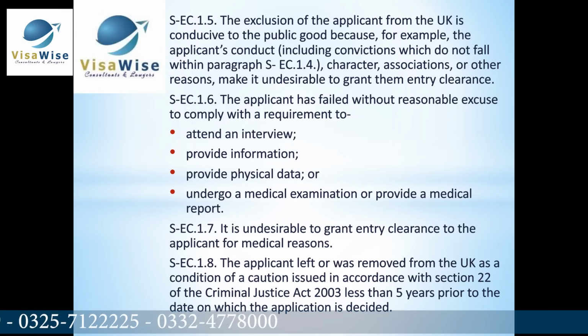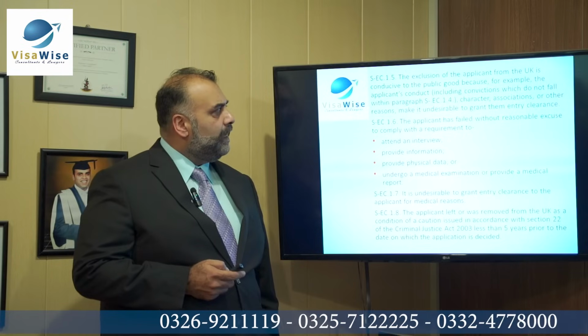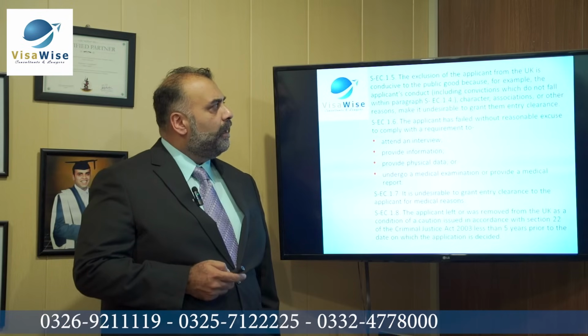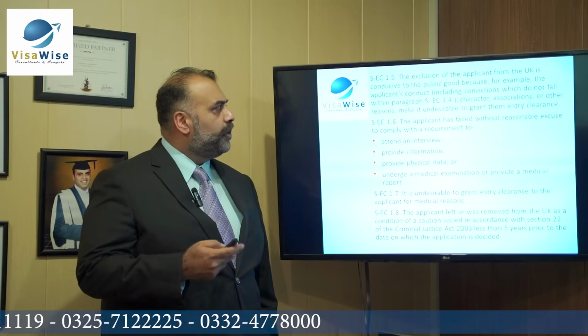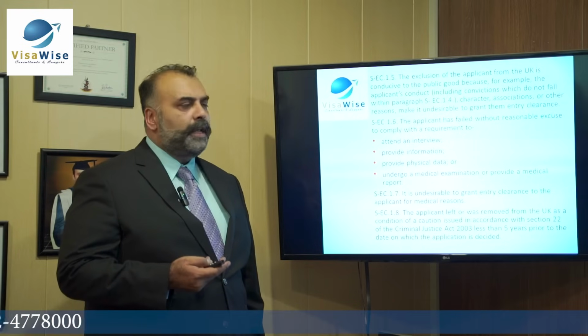Next, it says the exclusion of the applicant from the UK is conducive to public good because, for example, the applicant's conduct, including convictions which do not fall within paragraph SUI 1.4, character, association, or other reasons make it undesirable to grant them entry clearance.